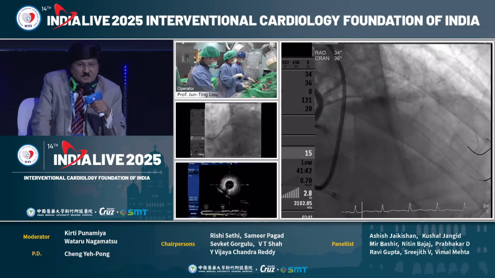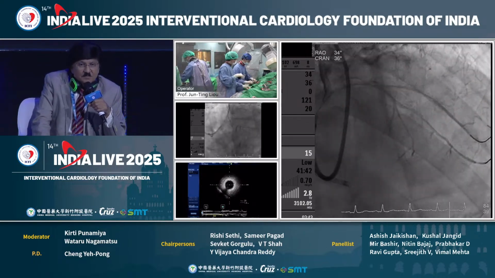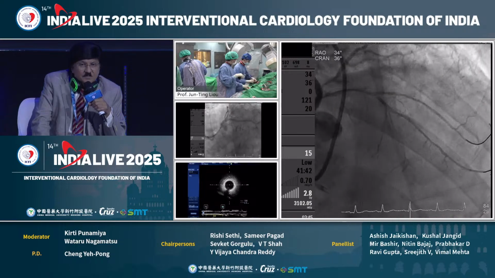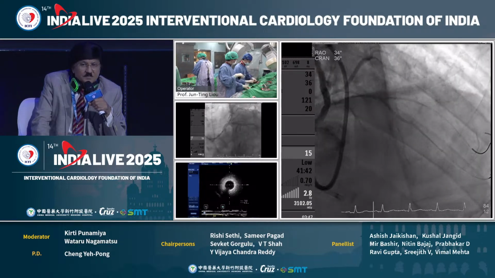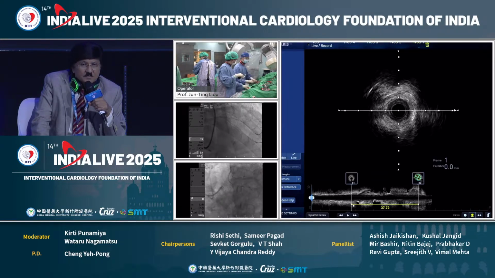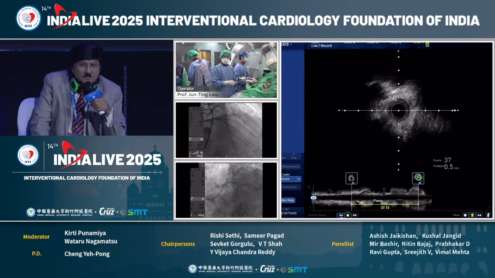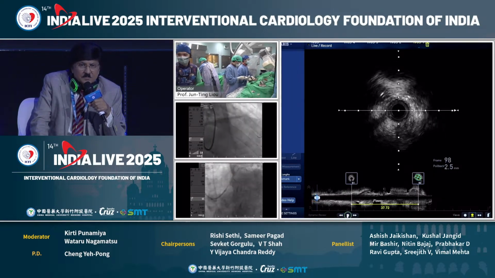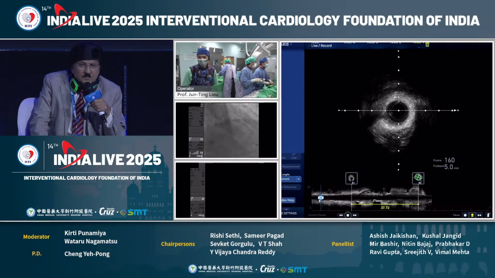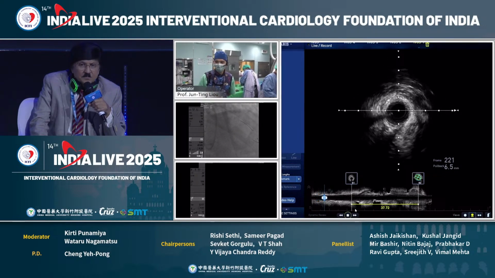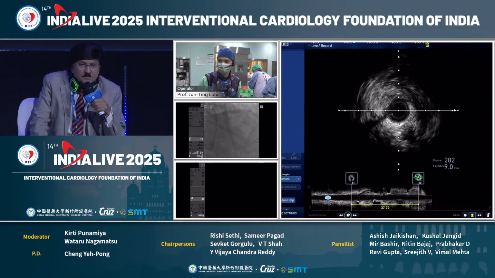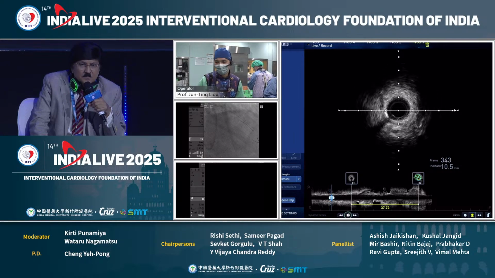We can see the proximal LAD has a very big dissection. We forgot to look at the IVUS. Can we show the IVUS after initial wiring? Are you interested to see the IVUS? Okay, on the IVUS, we can see the middle LAD is relatively plaque-free with a 2.0 millimeter diameter.